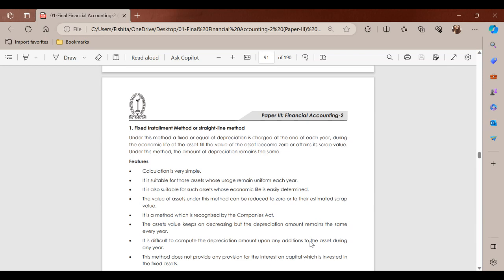Fixed installment or straight line method. Just to confuse you, the question may use the words fixed installment method. But don't get confused. Fixed installment means straight line method.